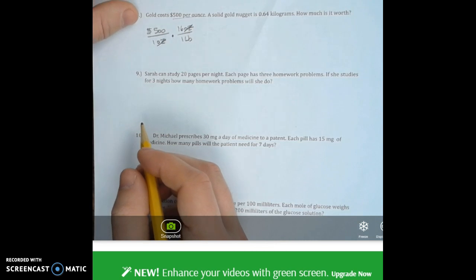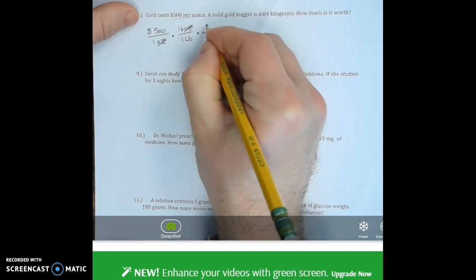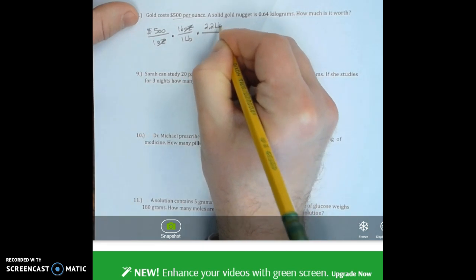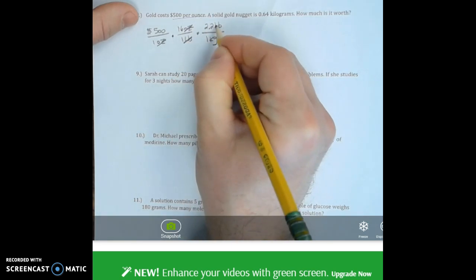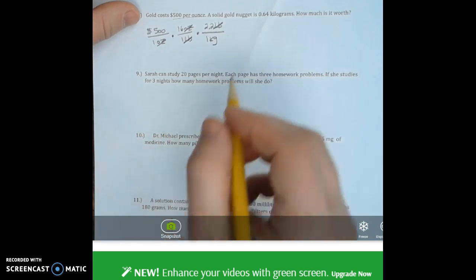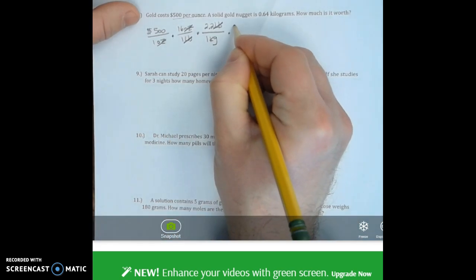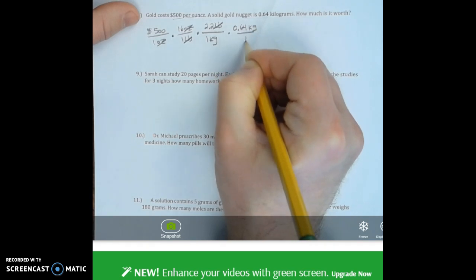Okay, but we still have to get to kilograms. And from the conversion chart, again, we're told that there are 2 and 2/10 pounds in 1 kilogram. So my pounds can simplify with my pounds now. Okay, and now in order to answer our question, we're going to multiply by our number of kilograms, 64/100ths kilograms over 1.